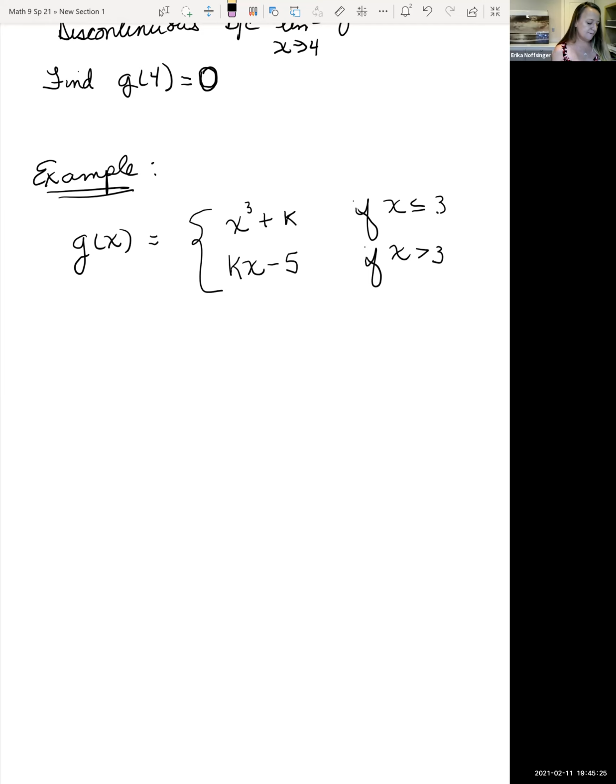So it wants us to find the value of the constant k that makes this function continuous. So we want to find a value of k that makes this g of x continuous.